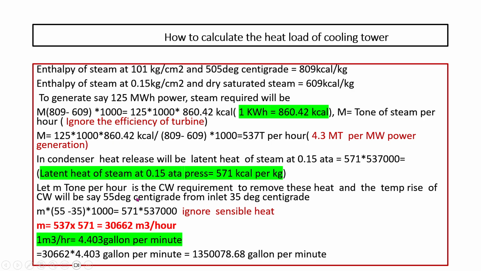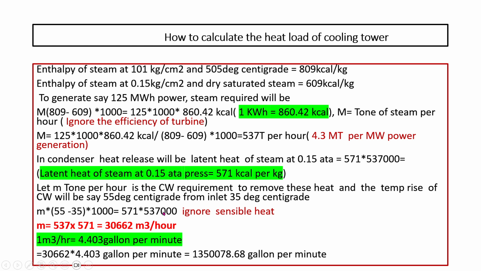So M into specific heat 1 into 55 minus 35, where M is in ton, so multiply by 1000 because the latent heat is in kilocalorie per kg, is equal to latent heat into the quantity of steam. Some sensible heat will be there, but we are ignoring that.